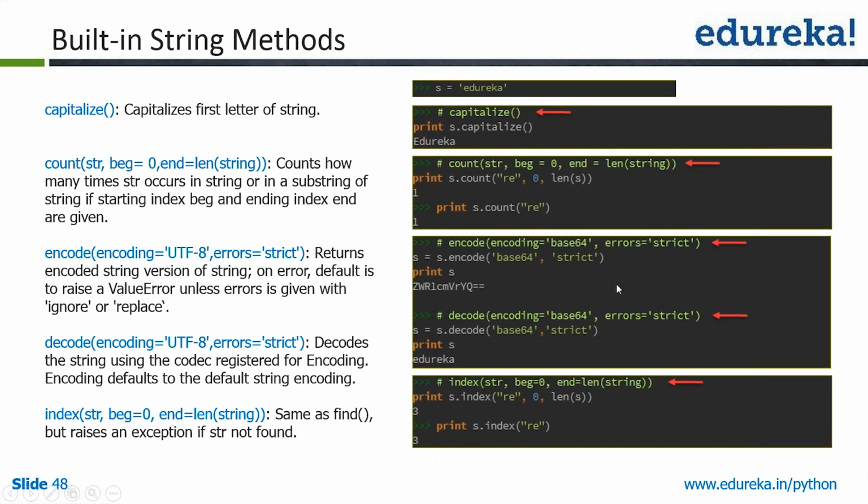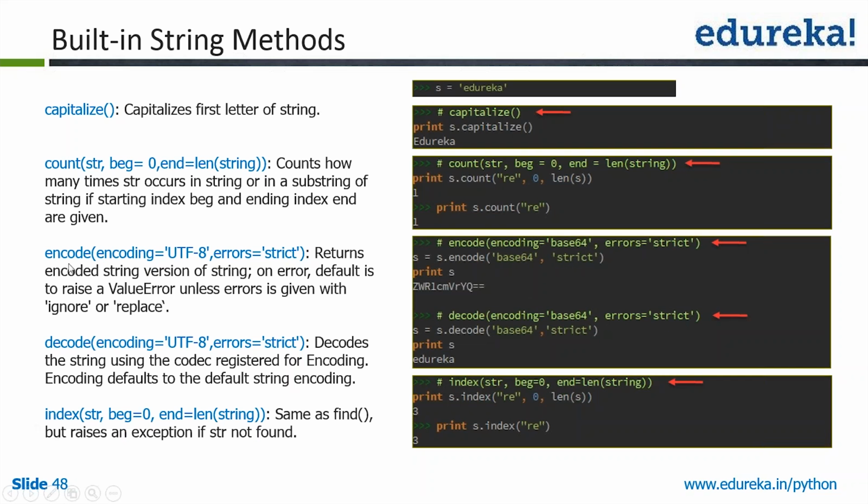So you specify the encoding called base64 in this case, and whether you want the encoding to be strict, which means if there are any errors, it should error out and it should not consume the input if it is not able to convert that input to this encoding base64. Similarly, for decoding, you specify the encoding to be used for decrypting the code, followed by the flag whether errors should be raised for strict matching or not.